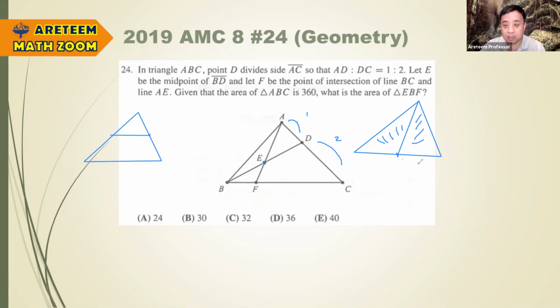The altitude is also the same because they have one common vertex. Draw a perpendicular line to the bottom and you have the same height. So equal bases and the same height, the areas of the two triangles have to be the same, right?